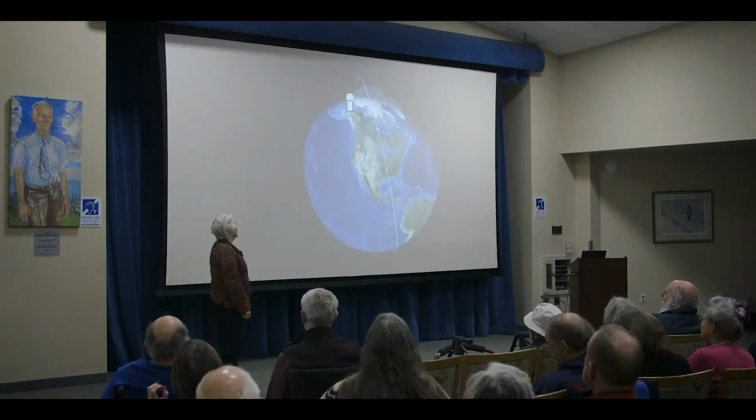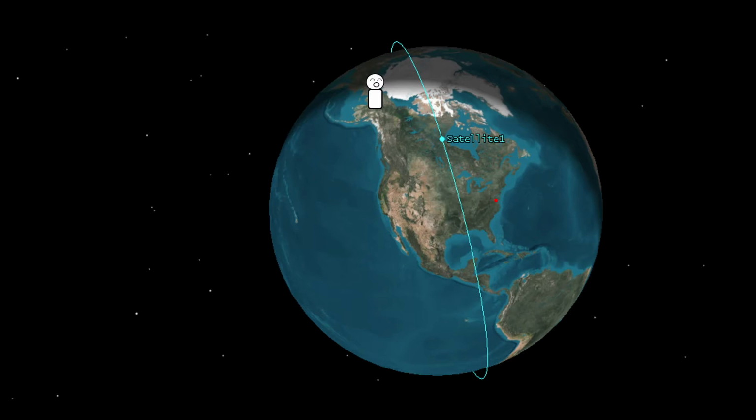So what is the need? Well, the need is that I have a daughter who goes to school in Virginia. Here I am up here in Alaska. There's my daughter down there in Virginia, right?